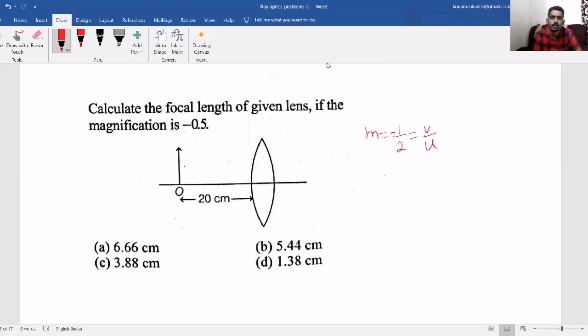So here U equals 2 times V. Now the object distance they have given is 20, that is minus 20. Now the image distance will become half, so minus 10.